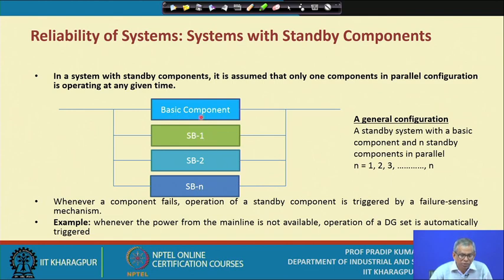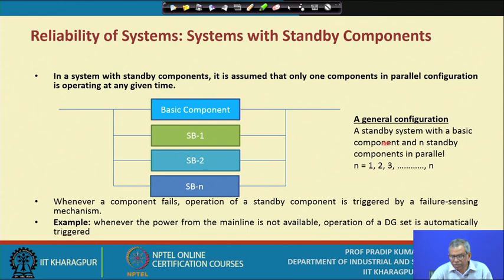So the basic component is working, or out of say 11 elements you have, where n equals 10, at least one component in the system must run.